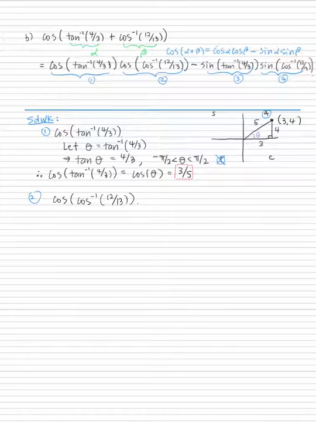Okay, so let's just take a look at that. So we got cosine of theta to be 12 over 13, but theta better be between 0 and pi.